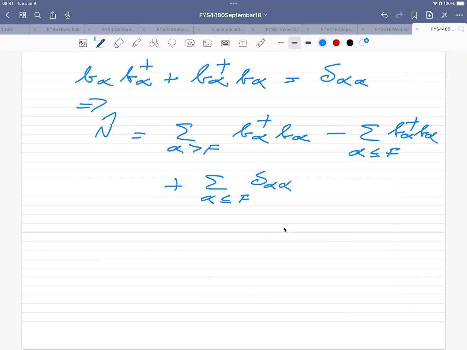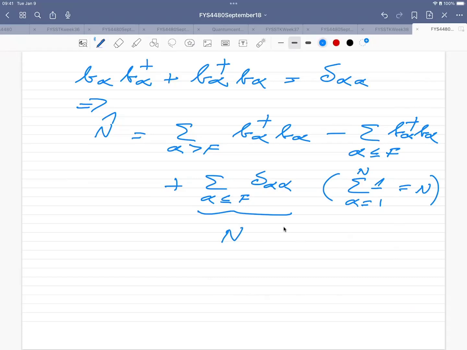So that means that this last term here, since this sum runs up to the number of particles, just remember that alpha sums from 1 to n. So if I just have 1 here, this just sums to n. That means that the last term here is simply the number of particles.